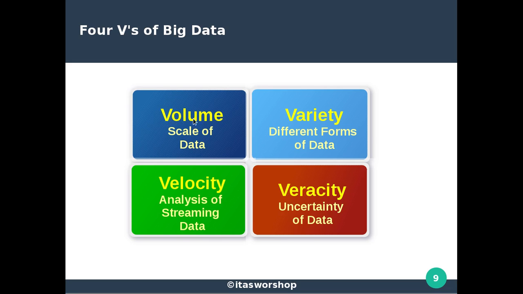So these are known as the 4 V's, or in some cases you will find 3 V's of data: volume, velocity, and variety. But nowadays people are including veracity also. So these are known as the 4 V attributes of big data. Big data is always coming in large volume with a lot of varieties and at very high speed, and it contains veracity, uncertainty, also.